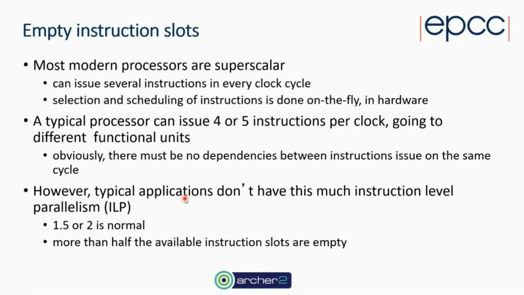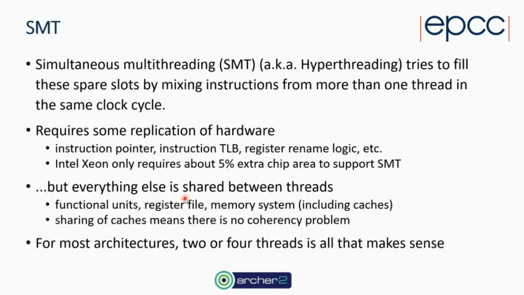So it might have 1 or 2 instructions that it can run per clock cycle. And this often means that some functional units are waiting, doing nothing in a clock cycle, because the program that's been run doesn't require those functional units all the time.